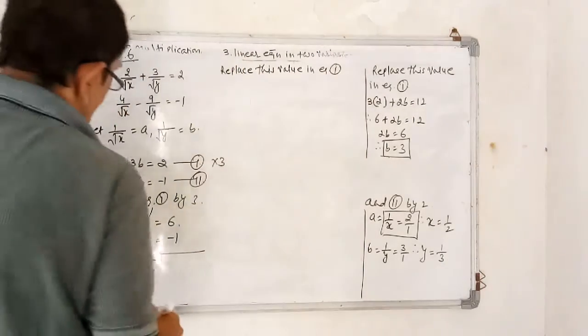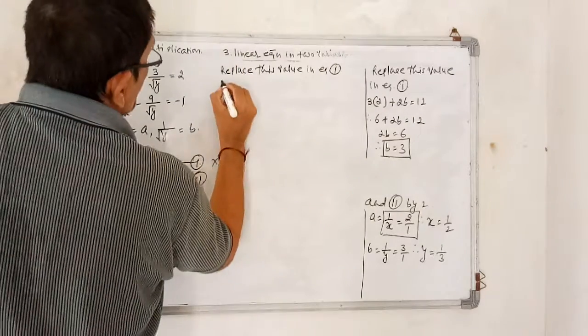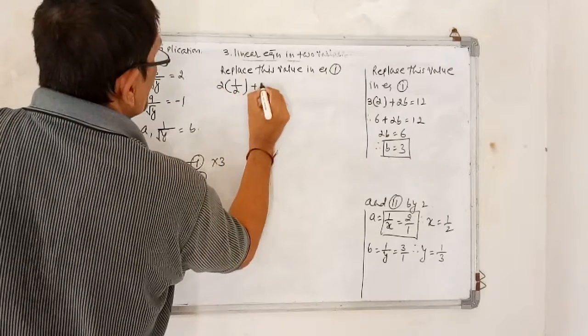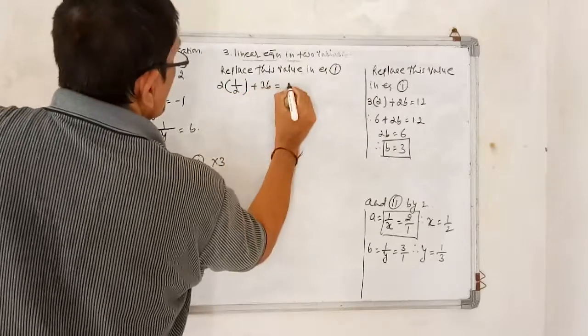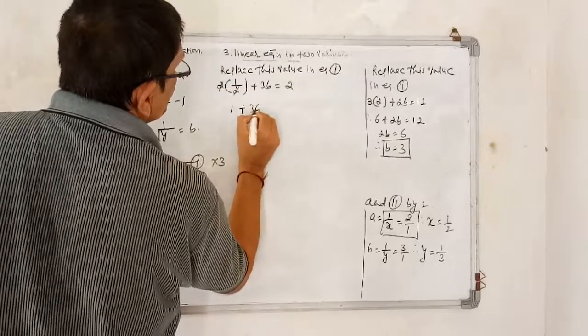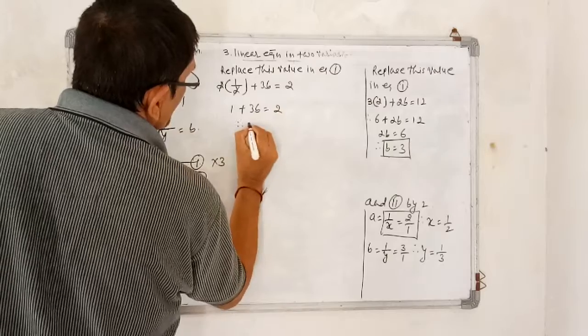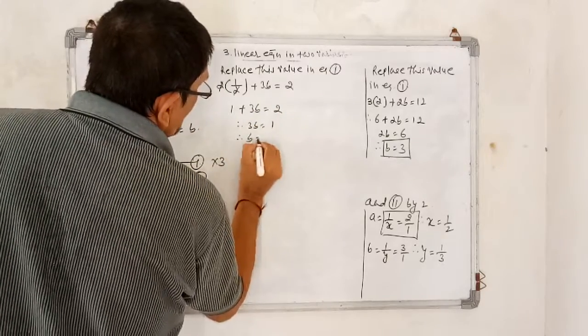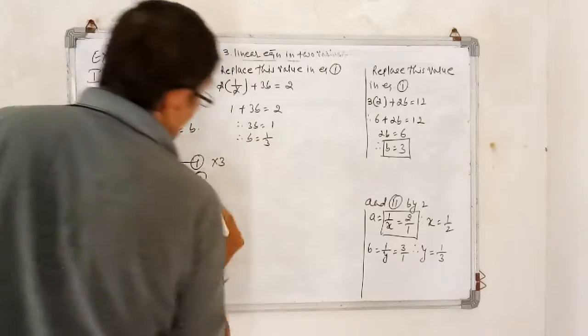Equation 1, suppose this one. So 2 into a, which is 1 upon 2, plus 3b is equal to 2. 2 cancels, 1 remains. So therefore 3b is equal to 1 and therefore b is equal to 1 upon 3.